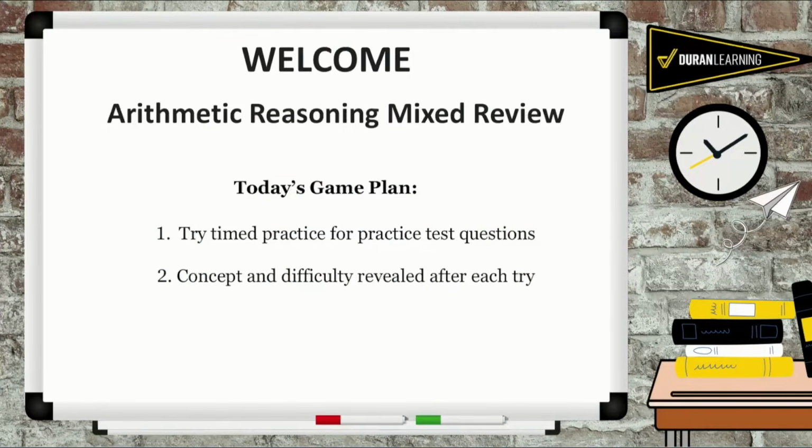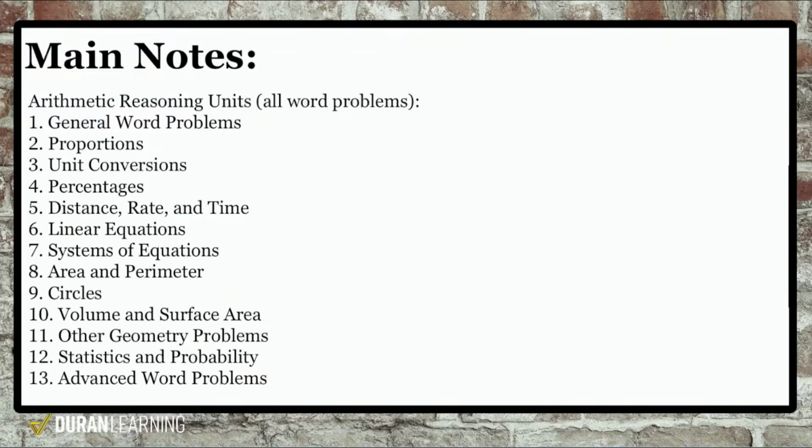So with that, let me go ahead and turn our attention over immediately to the list of topics that you can expect on the ASVAB Arithmetic Reasoning. So if you want to take a screenshot of this, I would absolutely encourage it. But we have at least one problem from each of these units, from general word problems to proportions, to unit conversions, percentages like taxes, discounts, simple and compound interest, distance, rate, and time, linear equations, systems of equations, area and perimeter, circles.